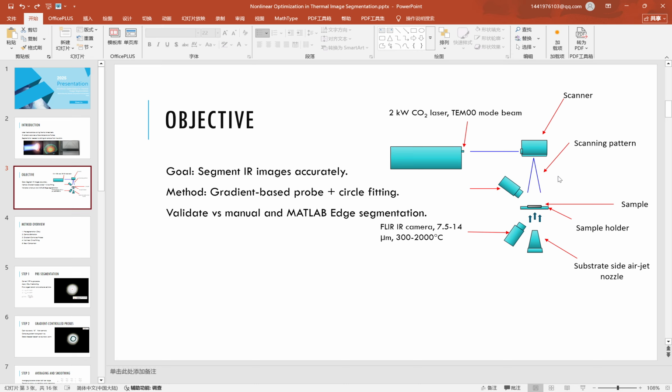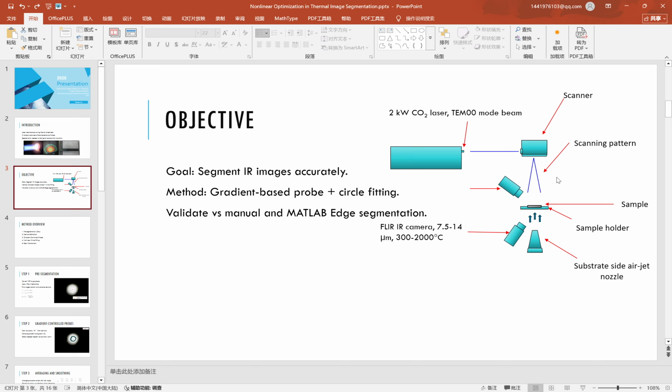In this way we can generate a heating pattern manually, not like a torch method like this, which cannot be specifically calculated.